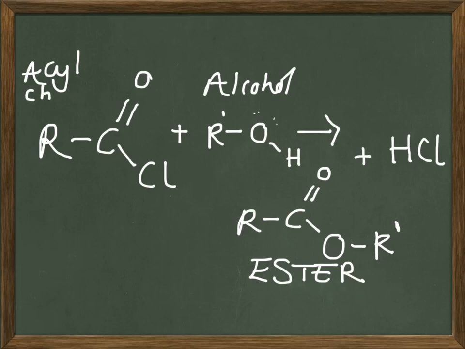It reacts with an alcohol to make an ester and HCl vapor. You'll see there's a bit of a pattern here. We're always making HCl as our side product for all these reactions because the chloride is being replaced by another nucleophile, something with a lone pair that can donate in and form a bond with the carbon. Okay, that's on page 3 of your notes.